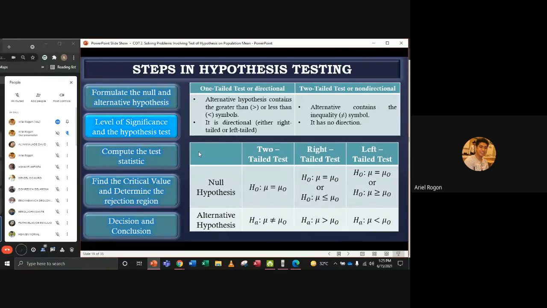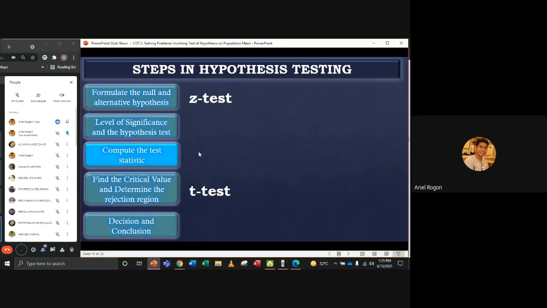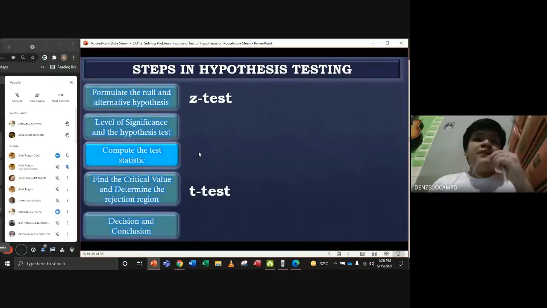After identifying the level of significance and the hypothesis test, we're now computing the test statistic. So when we apply the Z-test, paano natin malalaman na Z-test ang applicable sa given problem? We will apply the Z-test if the sample size is greater than 30 and the population standard deviation is given.